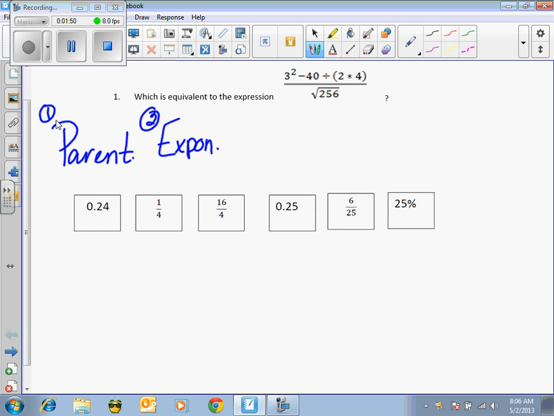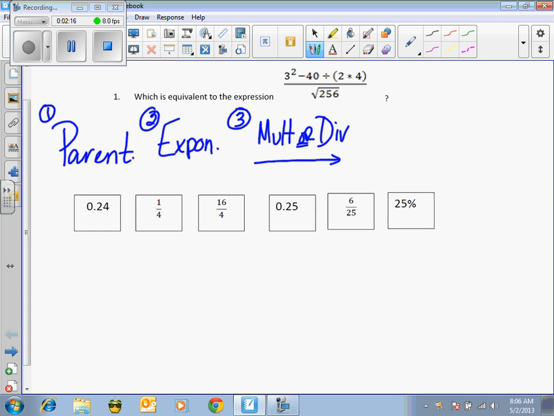Next, what we want to consider when we're solving this expression is taking care of all multiplication and division going left to right. Now, I put an or between multiplication or division. The reason why is because we don't want to do all multiplication first and then all division.